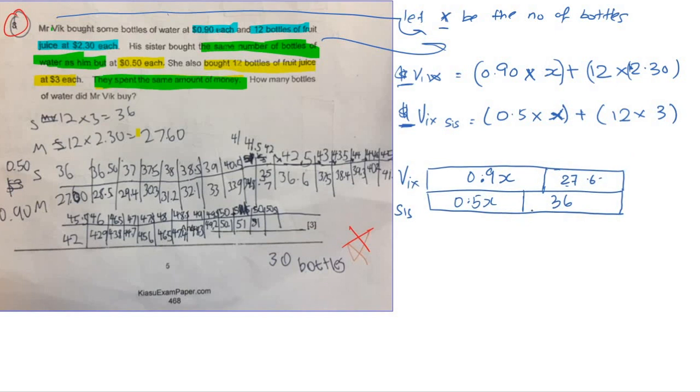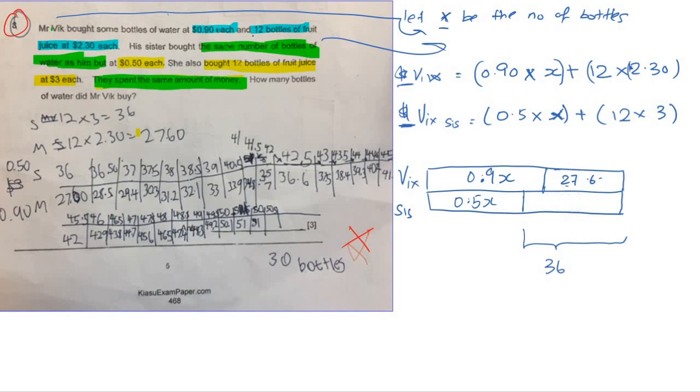Do you see something here? Let me drop away this portion here. Let me remind myself, here is $36. And then I drop away this portion here.